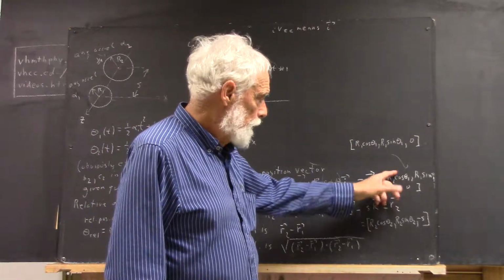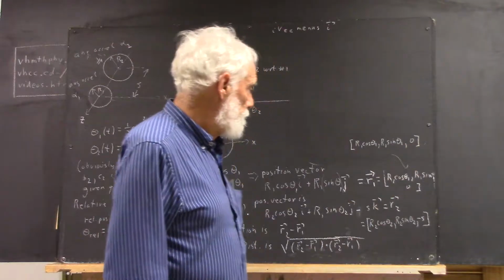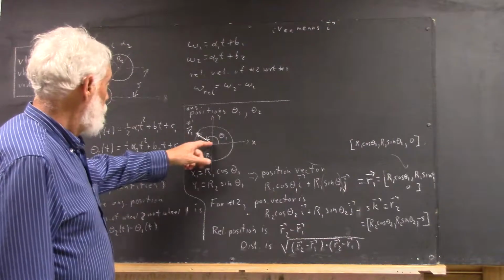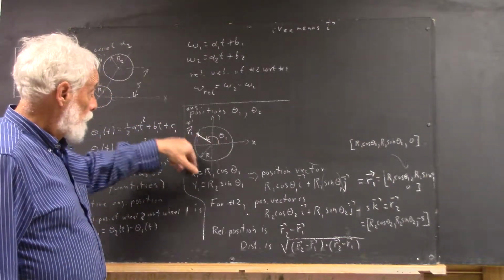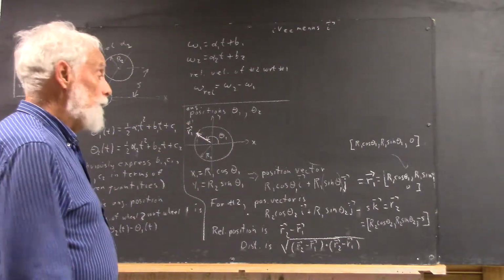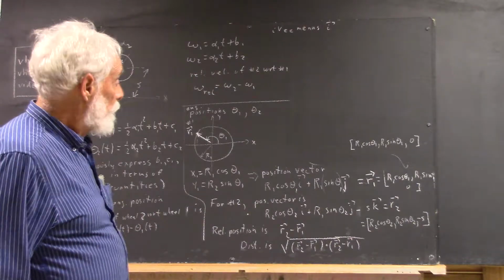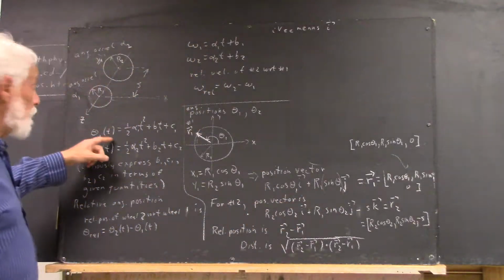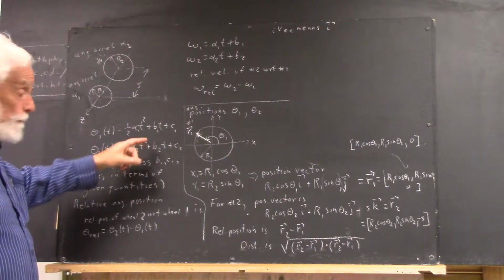I wrote that out here too, but it's easier to read up here. So your r1 vector is a vector from the origin out to the position on this wheel. And this is all a function of time, because remember, theta 1 is a function of time.